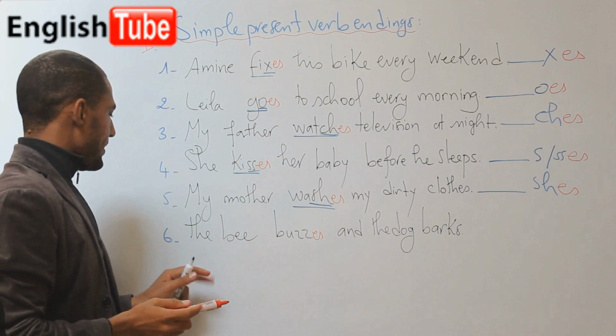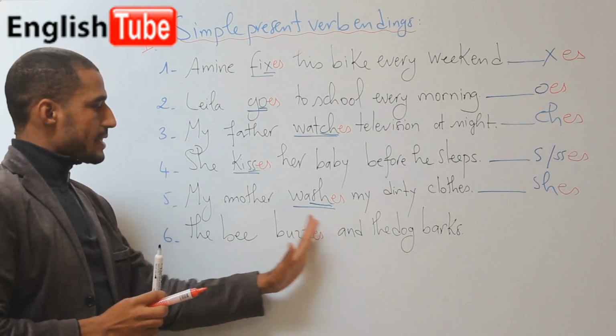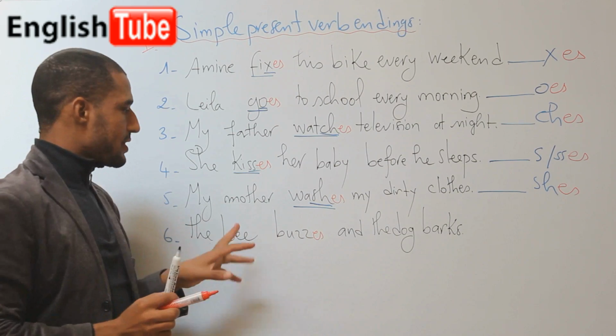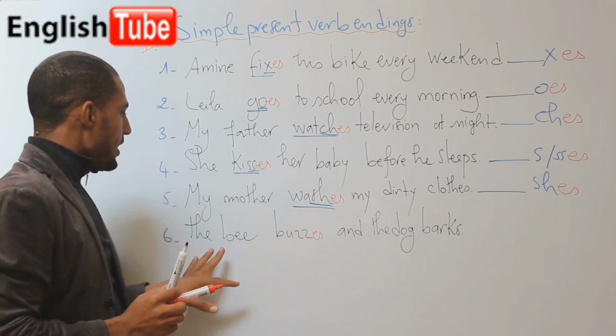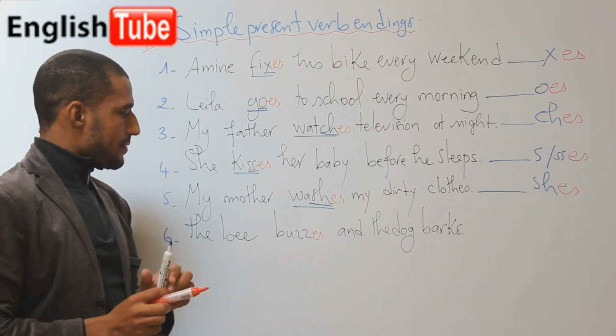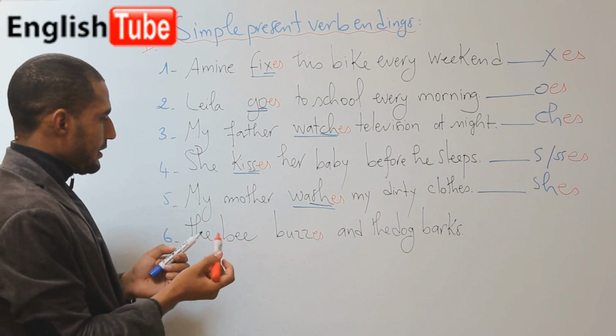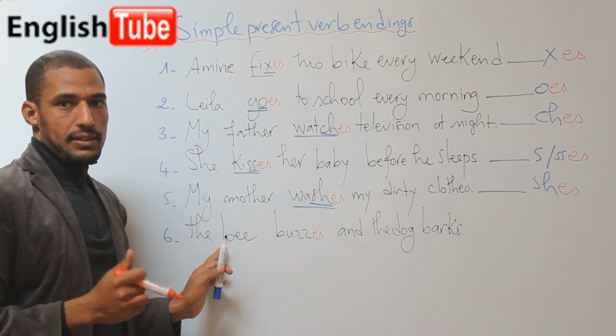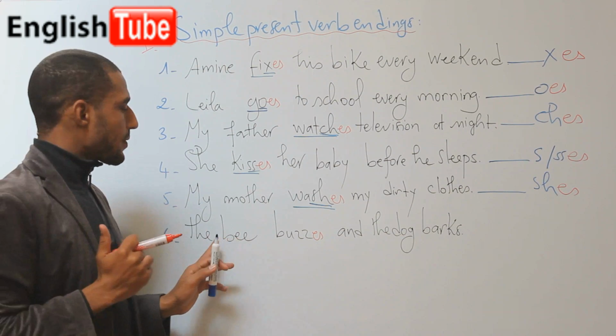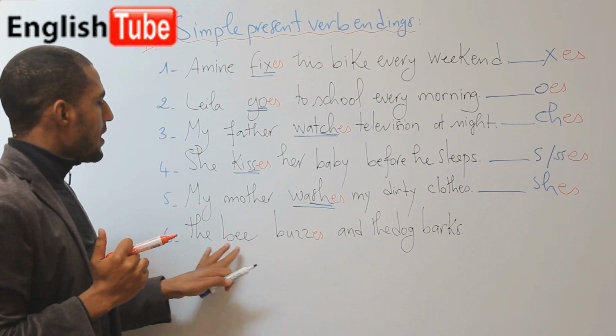The last sentence, the second part: the bee buzzes. The subject here is the bee, which means it's non-human, right?